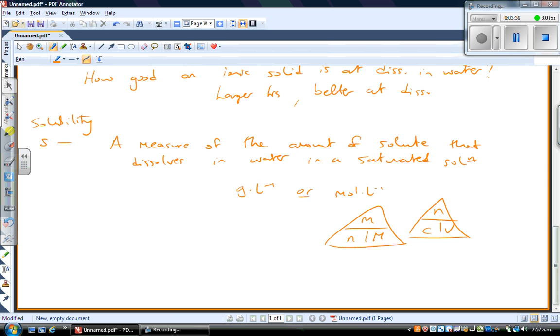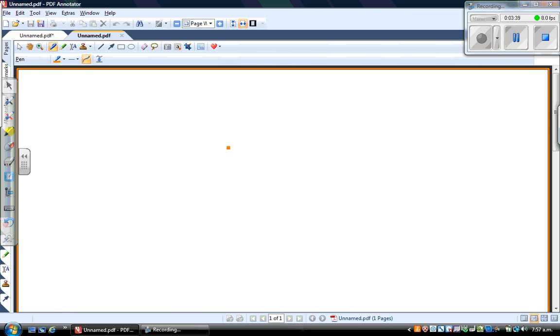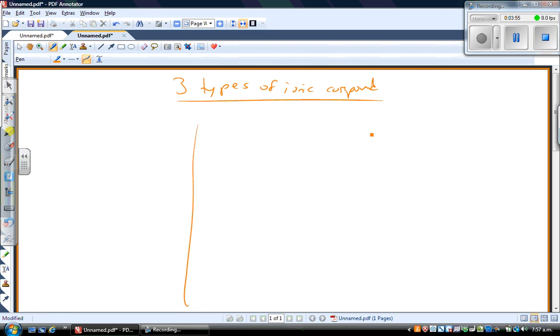So what we'll take a look at now is there are three types of ionic solid that you need to know. We'll just get up a new page here. I'm just going to split the page and we're going to derive some formulas here. So we'll just split it into three. Okay, so the first type is an AB type ionic solid.